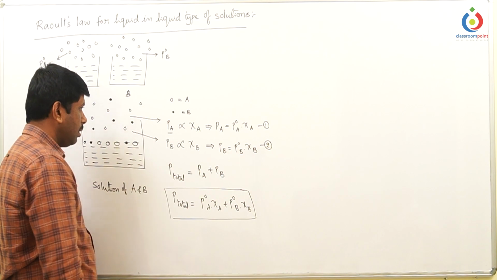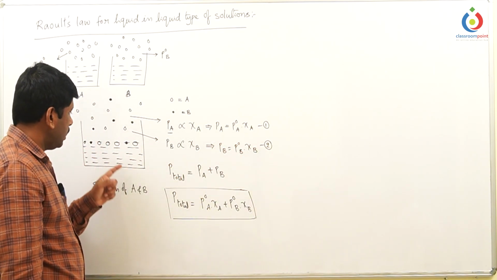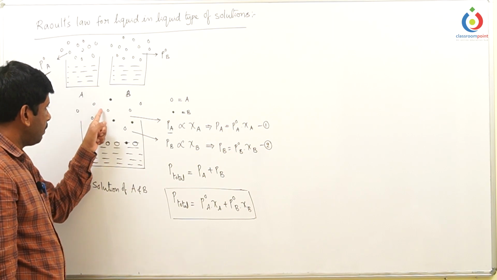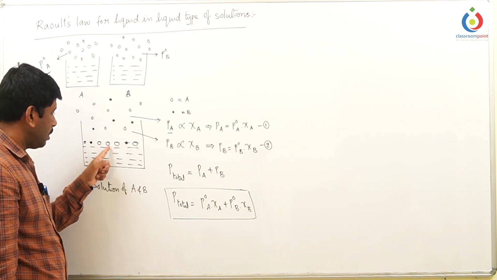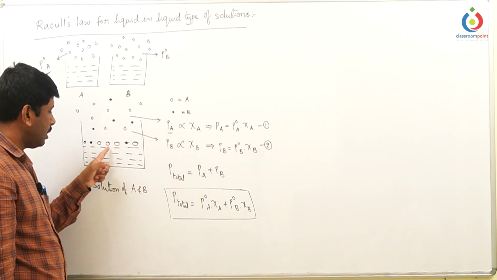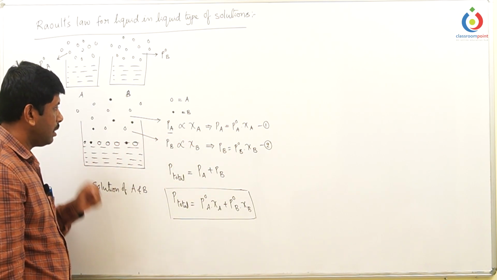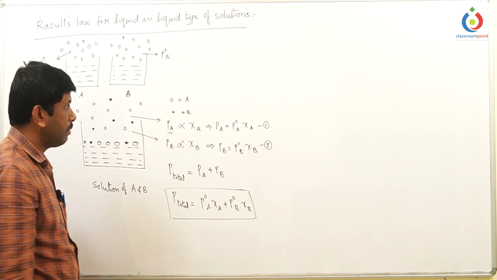Now the question is, what is the meaning of XA and XB? Here I said that the more the vapor, the more A molecules there are in the liquid. That means XA stands for the mole fraction of A in the liquid phase, and XB stands for the mole fraction of B in the liquid phase.